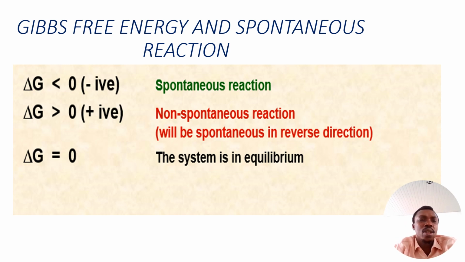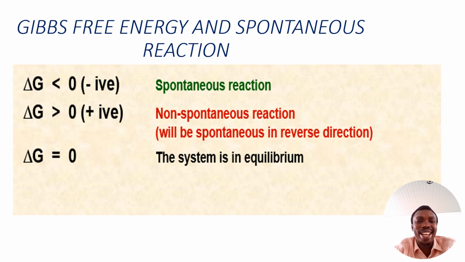With the value of the Gibbs free energy change, if it is less than 0, the reaction is said to be what? Spontaneous. But if the Gibbs free energy change is greater than 0, which means it is positive, the reaction is said to be non-spontaneous. If the Gibbs free energy change is equal to 0, the reaction is in a state of what? Equilibrium.